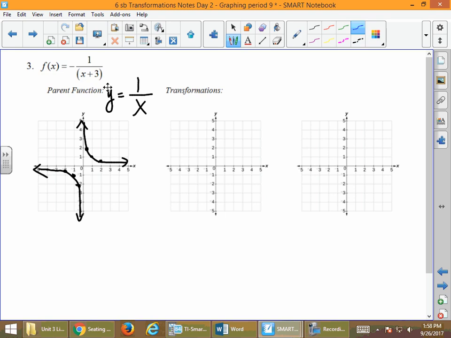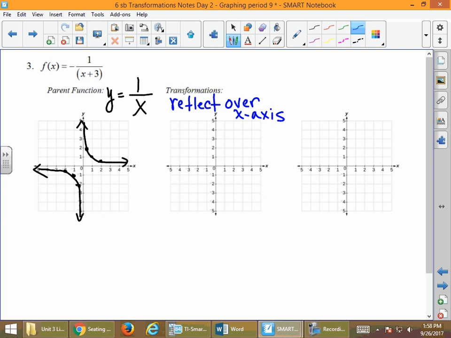Well, it reflects over the x-axis. And again, you can't see it on the video, but sometimes flipping your hand over the x-axis flips the graph in your mind. So it just depends on whether you are a kinesthetic person like that.